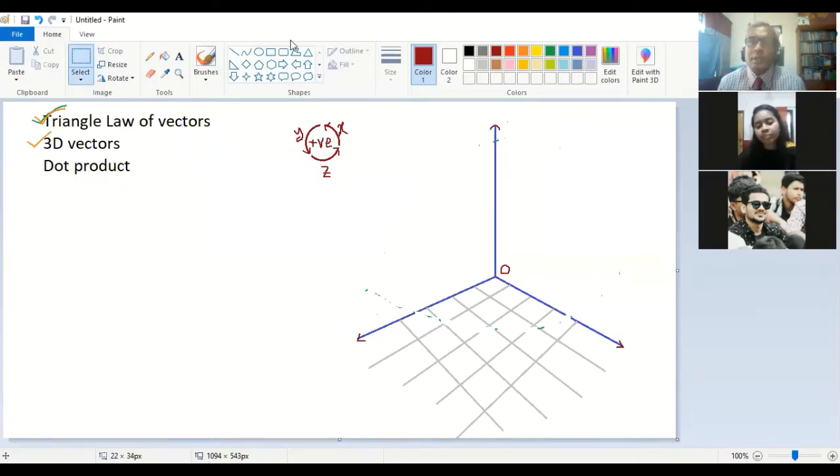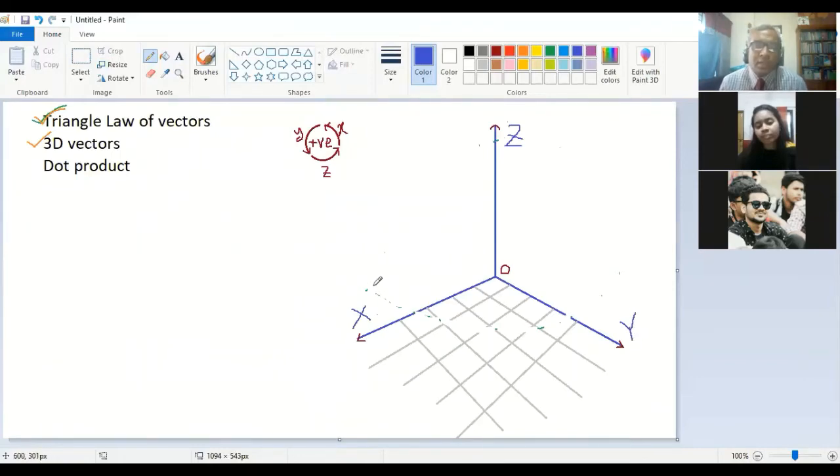So if the vertical one is z-axis, we think that the left side is our x-axis, the right side is our y-axis, and the upper one is the z-axis.